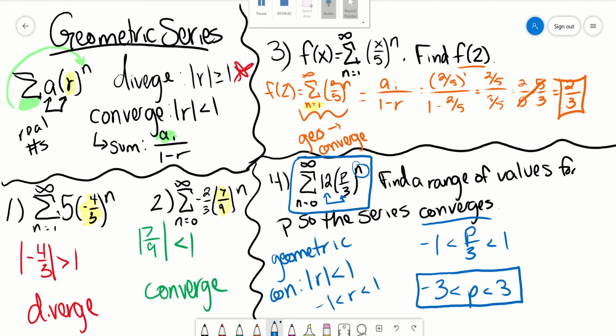If we think through some numbers you could plug in, like -2: if you plug in -2, yep, -2 over 3 falls in between -1 and 1. If you plugged in 1/3, that means it would converge. If you try anything outside that range, you would get something greater than or equal to 1, so it would diverge.